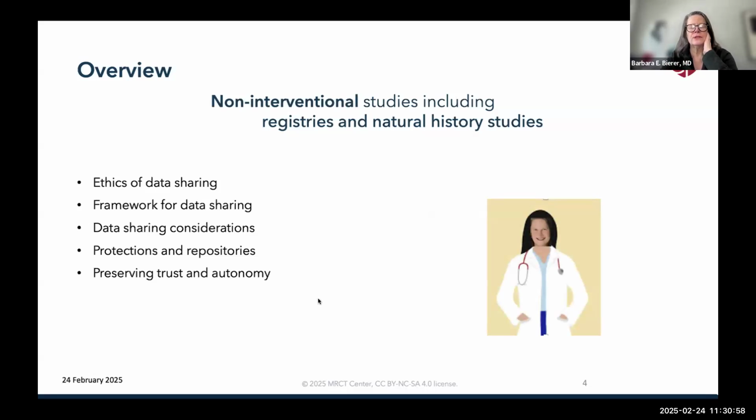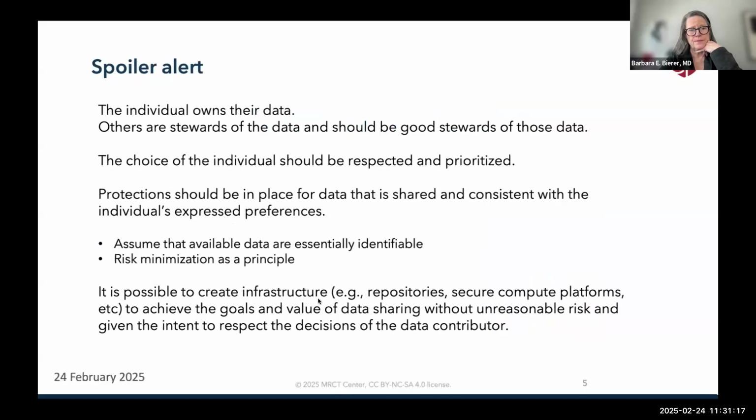But in order to think about that data, which is largely observational and contributed data, we're also going to think through what the differences are between the different kinds of data that we will be talking about.